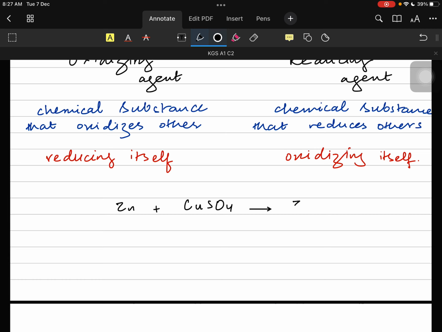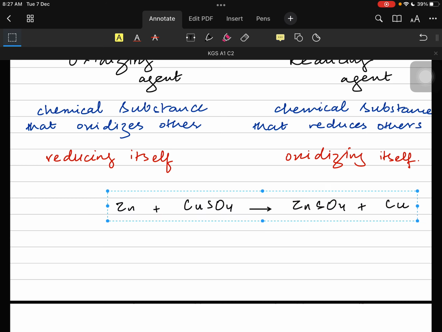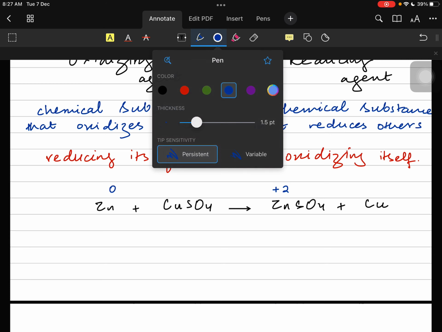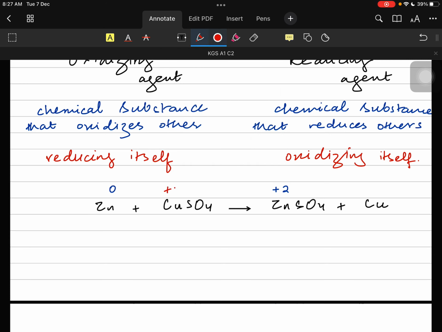So zinc will be like, okay, I want to make zinc sulfate. And copper will be like, yeah, sure, I'll just separate myself. I'll be alone. What happens is that zinc was initially a 0 because it was a pure element. Then it becomes +2 because obviously it wants to stay with the sulfate. Copper, on the other hand, was +2 in the beginning, but by the end it becomes 0.